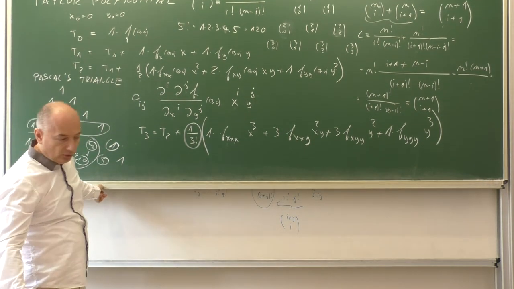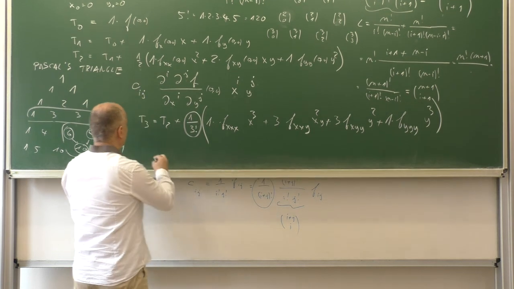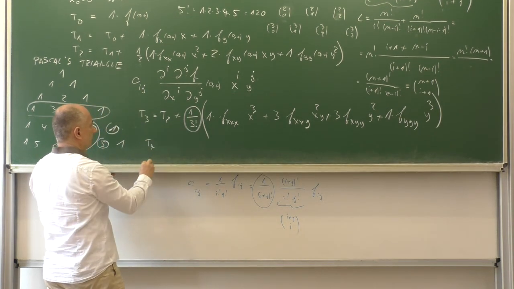So at this point, it's finally easy to write, say, the Taylor polynomial of order 4.